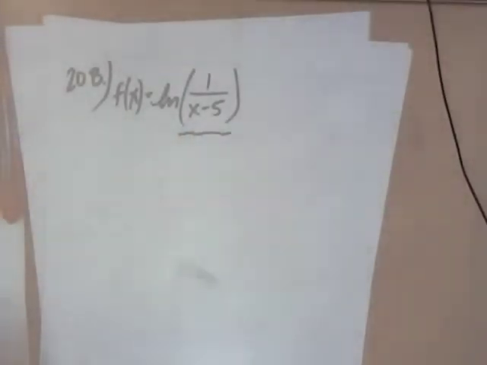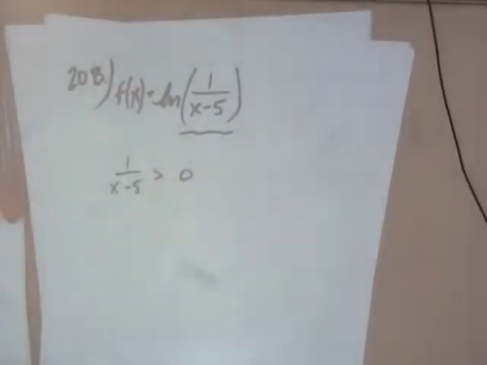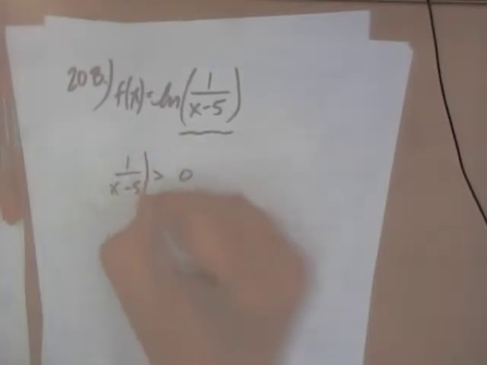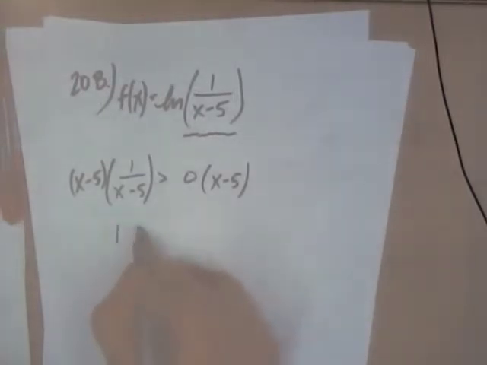Okay, so once again, this whole value here has to be greater than 0, right? So 1 over x minus 5 has to be greater than 0. Multiply both sides by the denominator. So 1 has to be greater than 0.